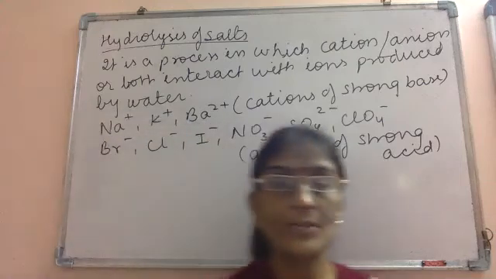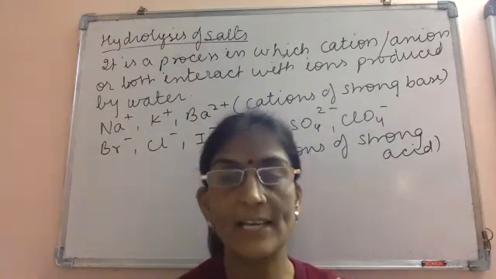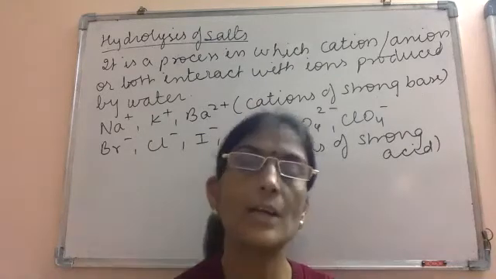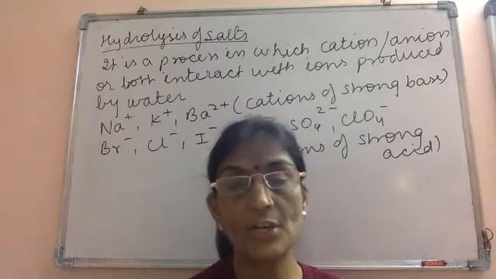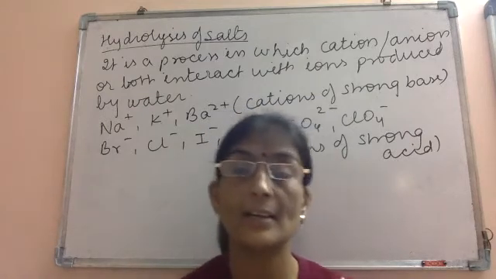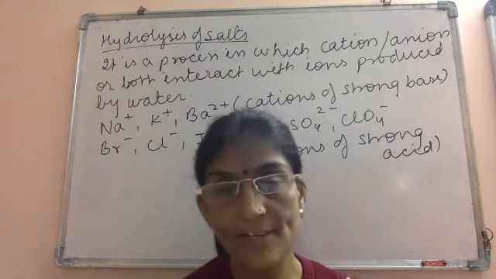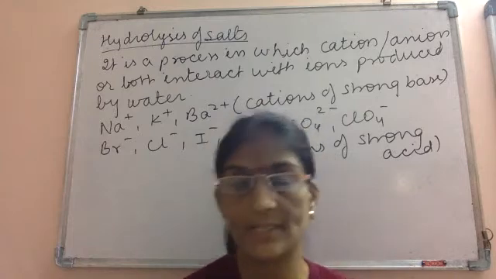So I hope you now understand what hydrolysis is: the interaction of cations and anions of a salt with ions of water. Either these ions undergo hydration or hydrolysis. Cations and anions of strong acids and strong bases undergo hydration, while those of weak acids and weak bases undergo hydrolysis.